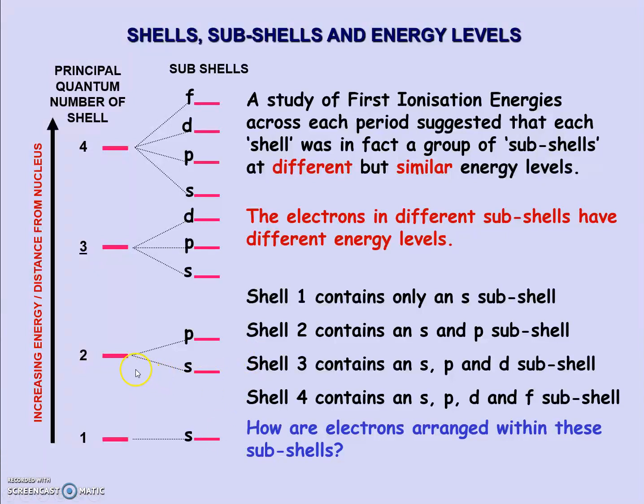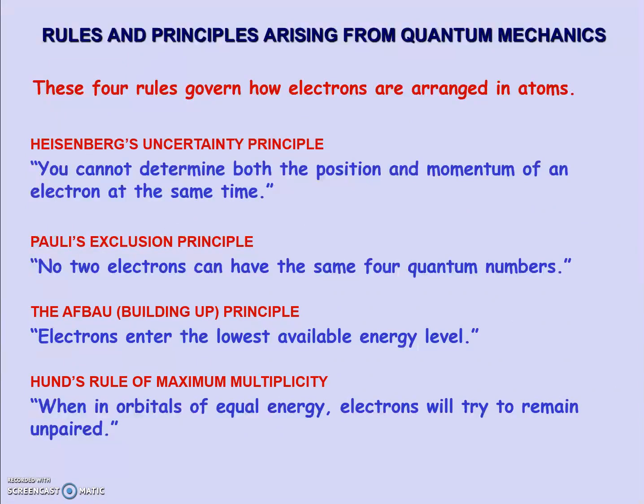Also, what this diagram shows is that the subshells within an energy level, or within a shell, are themselves of different energies, and that becomes important very soon. Okay, now, you don't have to be able to regurgitate these, but you need to apply these principles. Now, how the electrons are arranged in atoms.